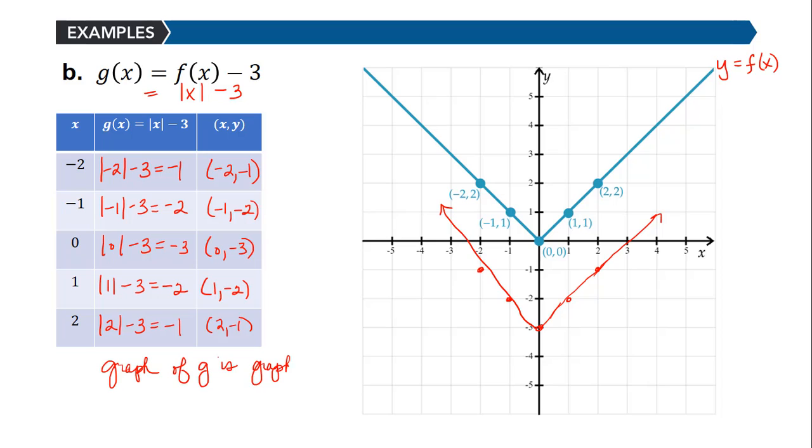So the graph of g is the graph of f shifted down 3 units.